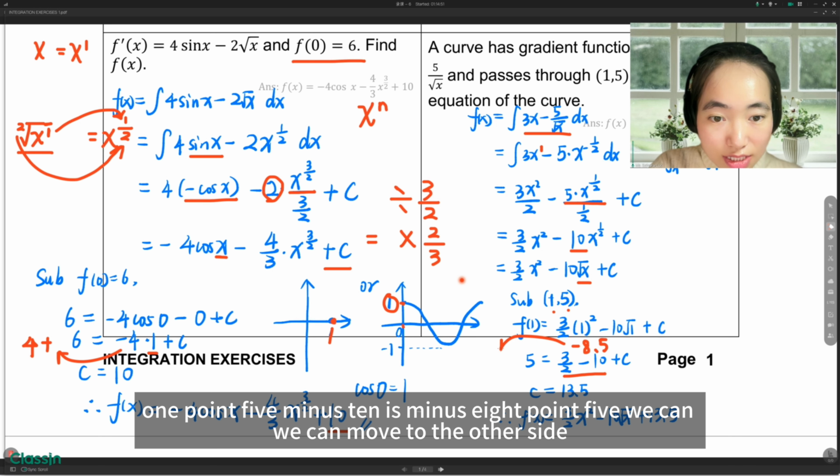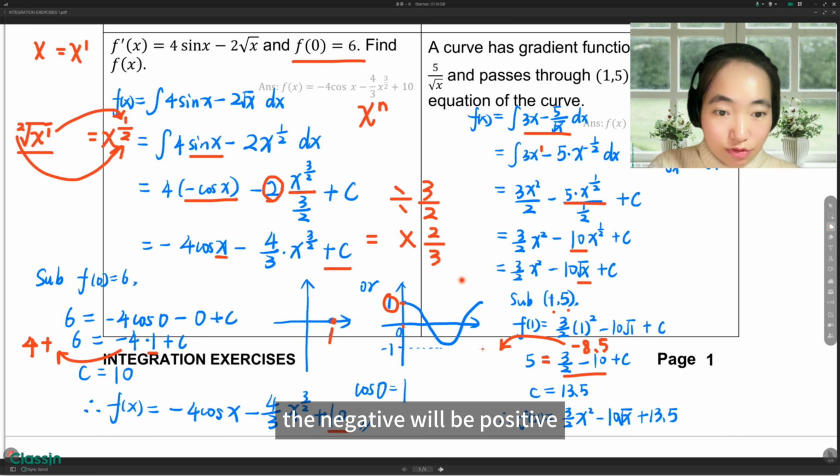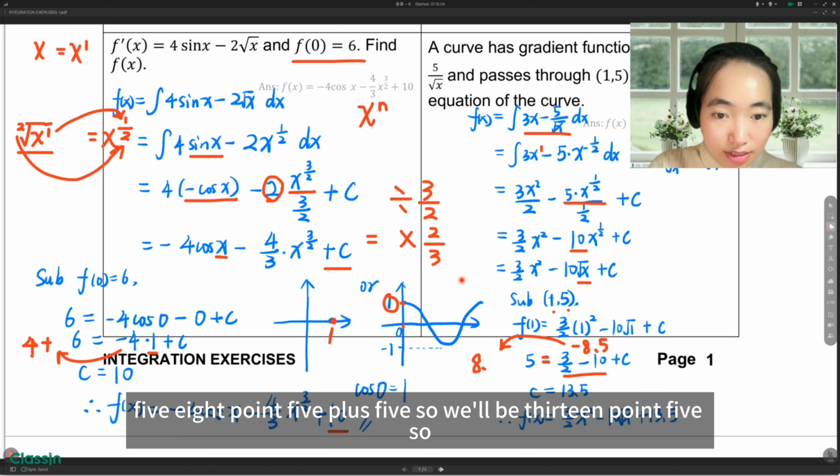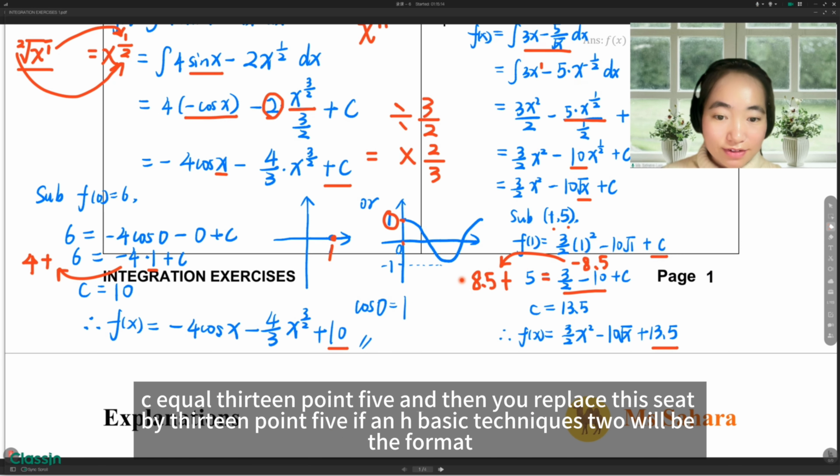Okay, we can move it to the other side. If you move to the other side, the negative will be positive. So it will be plus 8.5. 8.5 plus 5 will be 13.5. So c equals 13.5. And then you replace this c by 13.5. We finish.